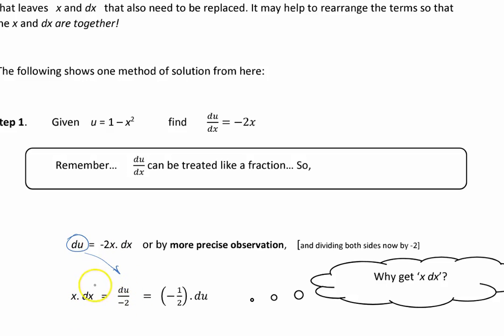So we are creating an expression for x dx, and all of x dx is in fact negative a half, just taking that negative 2 out, making it a fraction, times du. Why do we want to get x dx? It needs to be replaced.